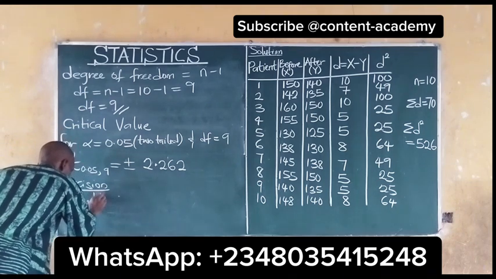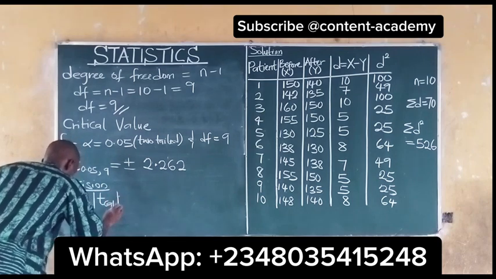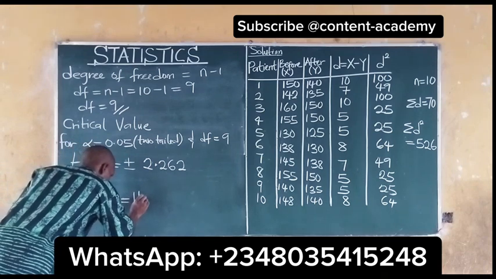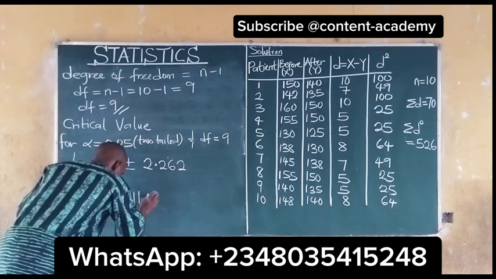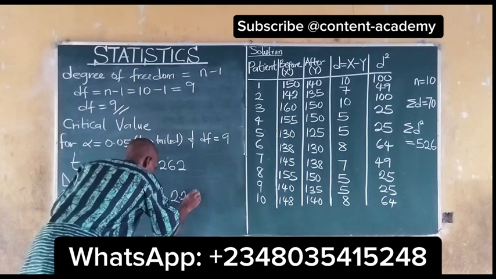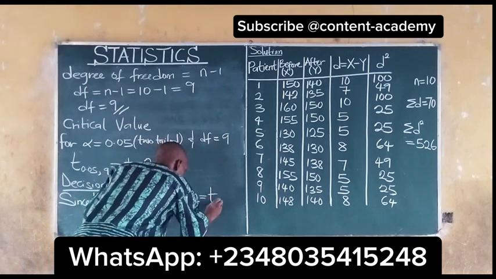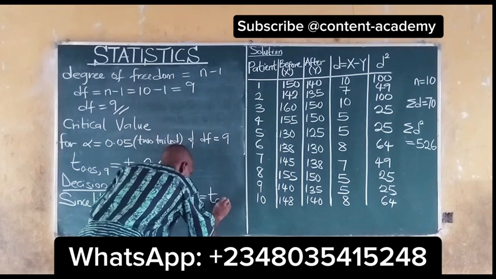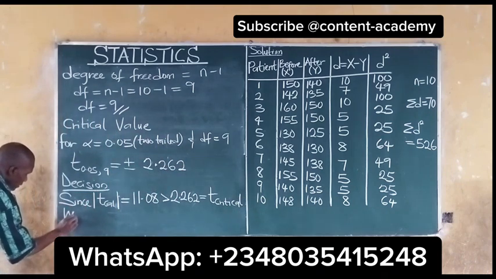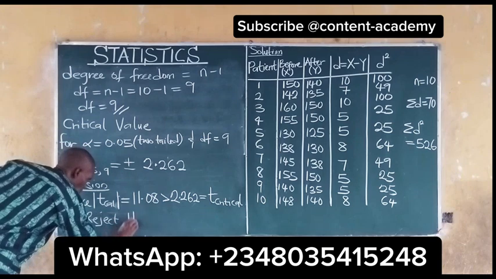Since our t calculated, which is 11.08, is greater than 2.262, which is our t critical, all we need to do is reject H naught.